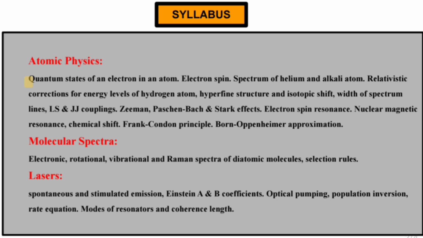In atomic physics we shall discuss quantum states of an electron in an atom, electron spin, the spectrum of helium and alkali atoms, relativistic corrections for energy levels of hydrogen atom, hyperfine structures and isotopic shift, width of spectrum lines, LS and JJ couplings, Zeeman, Paschen-Back, and Stark effects, electron spin resonance, and nuclear magnetic resonance.